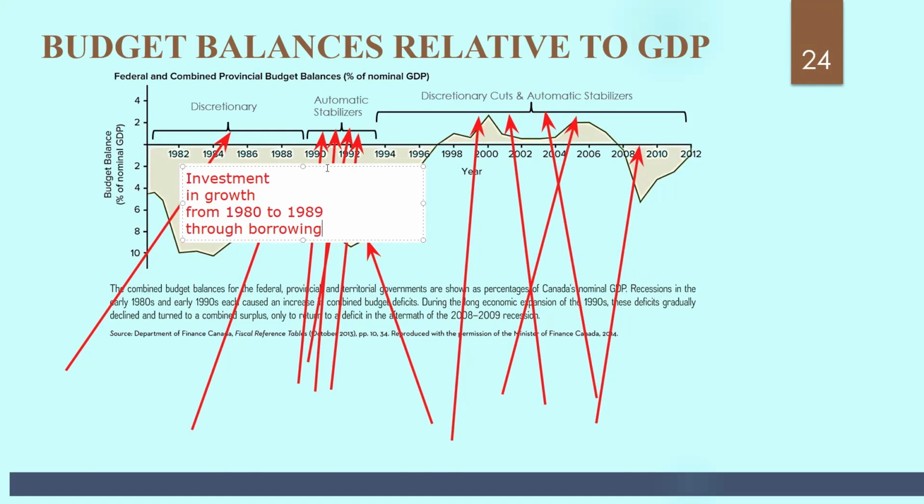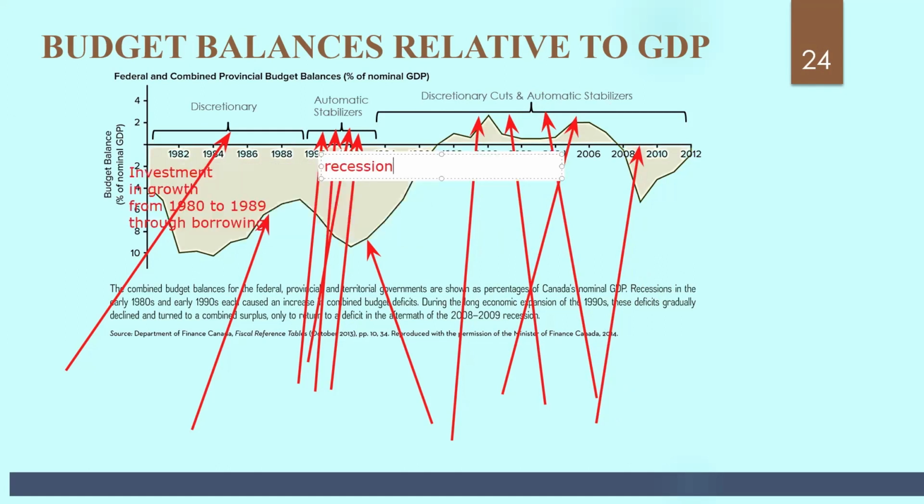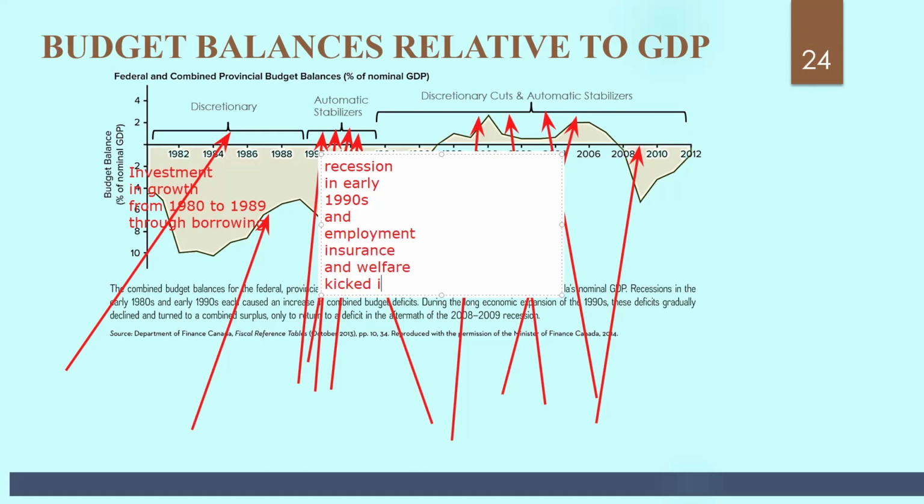And then automatic stabilizers, recession in the early 1990s. Employment insurance and welfare kicked in to support the economy, and this led to borrowing.